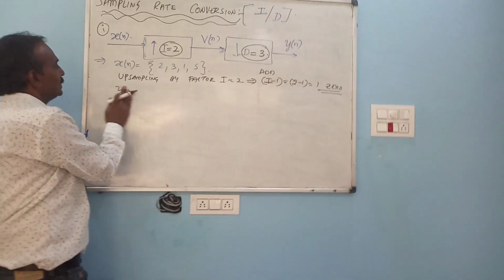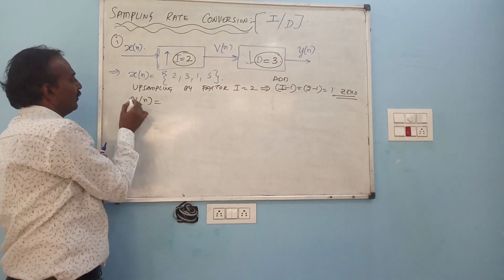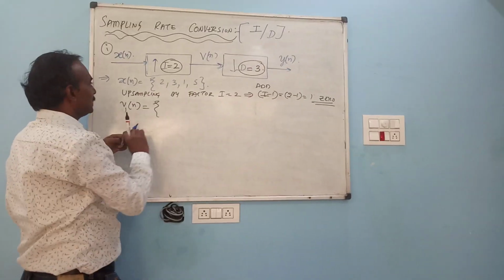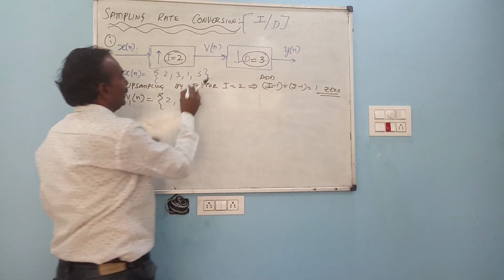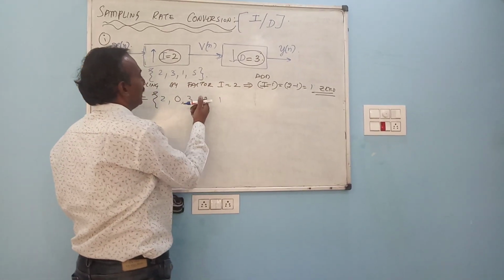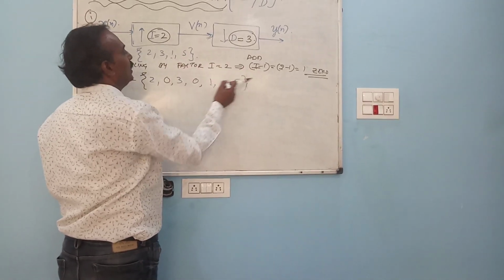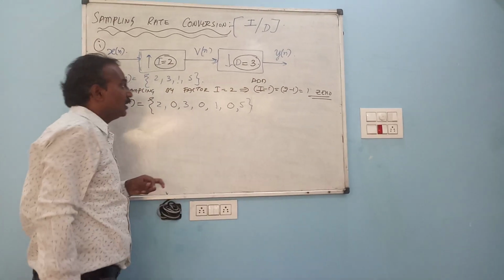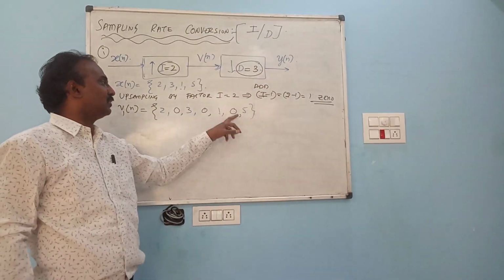Let me call this v1 of n. In between the samples 2 and 3, I am adding a 0, and between 3 and 1, I am adding another 0, and between 1 and 5, I am adding another 0. So based on the factor I equal to 2, I have added 2 minus 1 zeros.